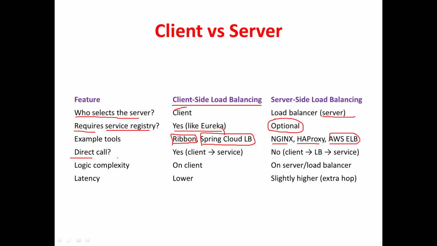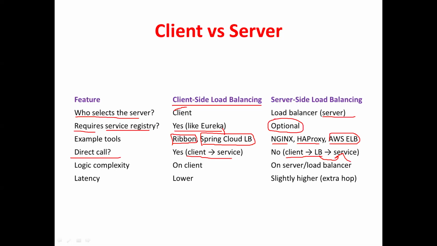Now, a direct call? Yes, for client side it is client to service, a direct call. For server side it is not direct: it is client to load balancer to the service. As part of Kubernetes, internally it creates one load balancer, which is used for the API gateway, where you can send your request via the gateway to your instances.